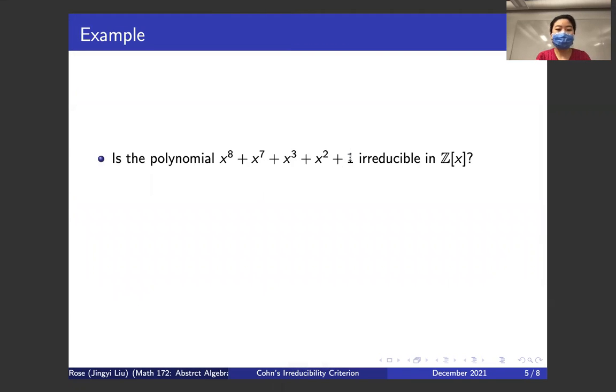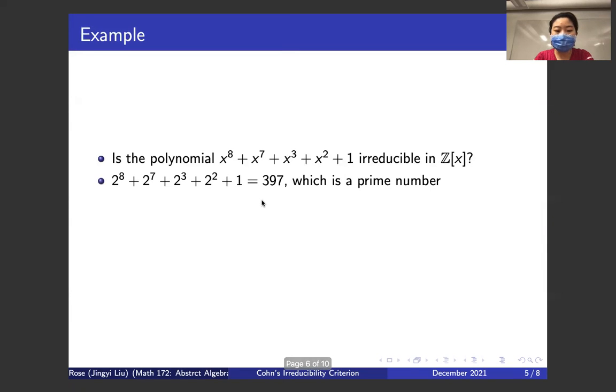So as an example, we can think about the polynomial x to the 8th plus x to the 7th plus x cubed plus x squared plus 1 and ask whether this is irreducible in the polynomial ring over Z or not. So this might not be obvious at first, but if we plug in 2, then we get 397, which is a prime number.